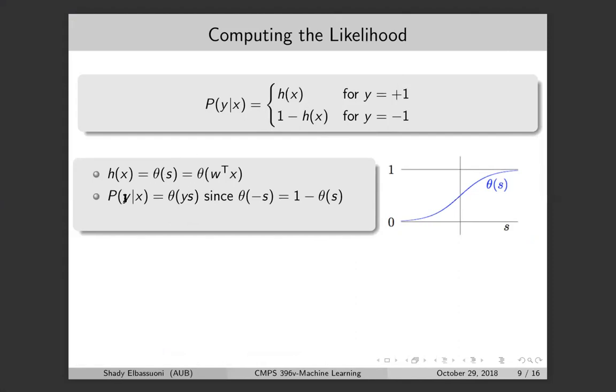When y is equal to -1, I get theta of minus s, because y is -1. And since theta of minus s is equal to 1 minus theta of s, I get that the probability of y given x is equal to 1 minus h of x. Okay? So I can write this probability of y given x simply as theta of y s.